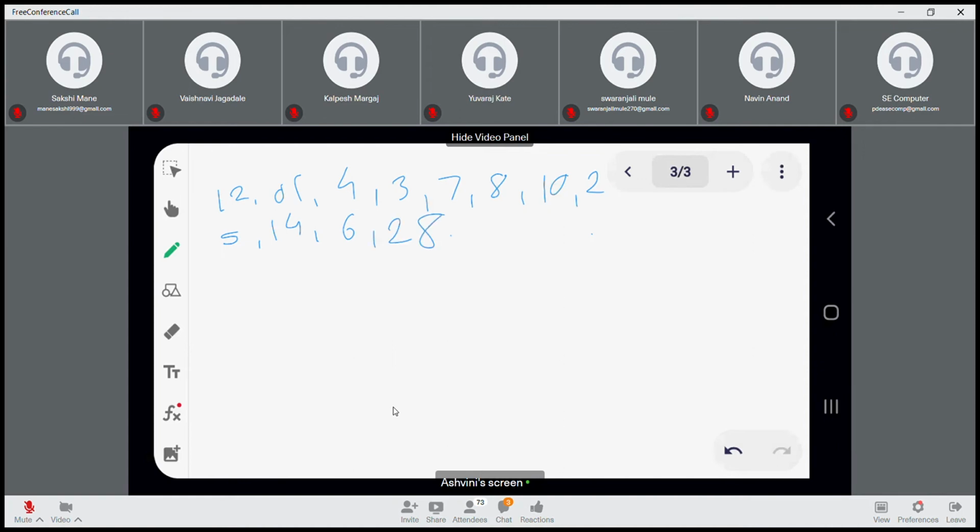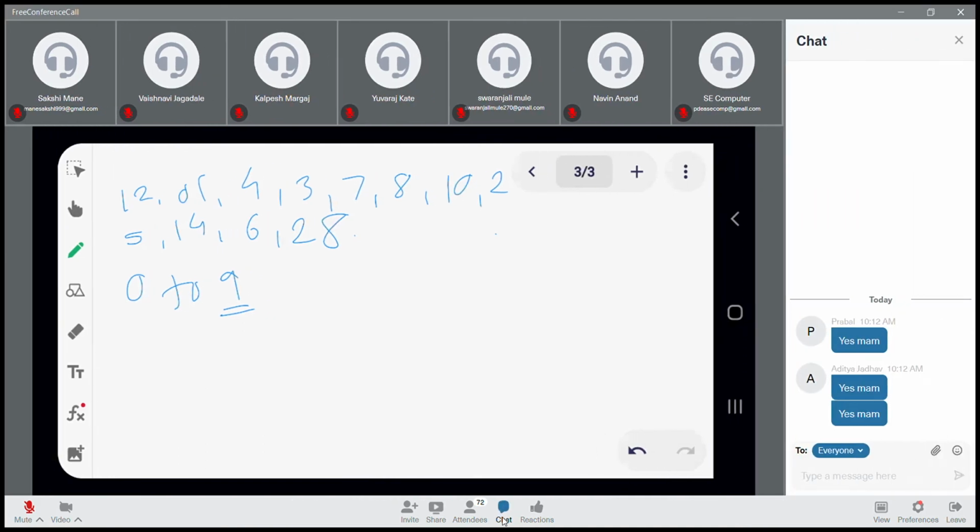And assume that your bucket size is from 0 to 9. That is, table size is 10 and each bucket has one slot. Calculate the average cost or number of comparisons for both.